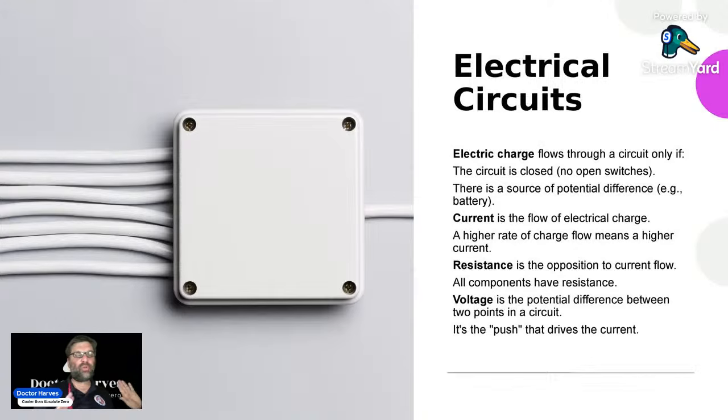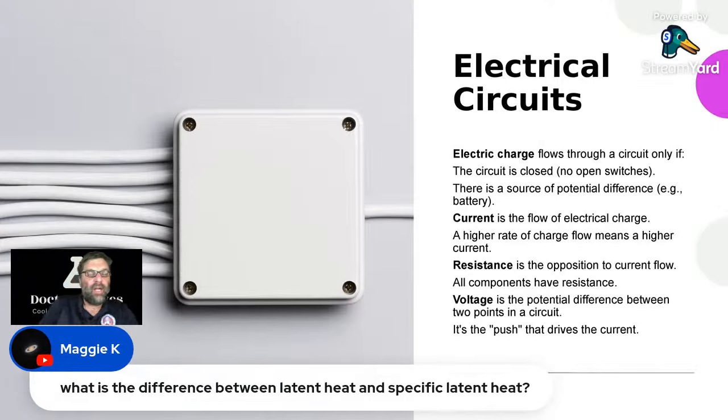Okay, so we've gone through mechanical energy and we've now raced our way through thermal energy, and then we are going to look at electrical circuits, but first there's a question, so I'll go through that one. Maggie asks, what is the difference between latent heat and specific latent heat? Latent heat is basically the generic term, the amount of energy required to break the bonds between particles, whereas specific latent heat is specific to a particular substance.